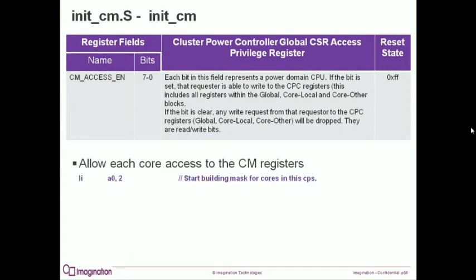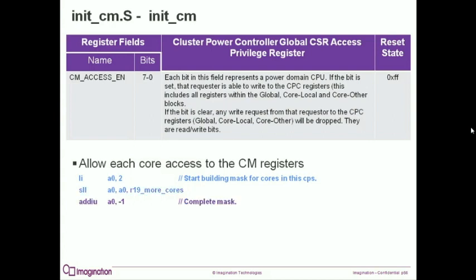First, it loads a 2 into A0. Then the code shifts the 2 to the left by the number of processor units minus 1. For example, if there were 4 processors in the system, then GCR19 would contain a 3. 2 shifted left by 3 is 16, or 10 hex.